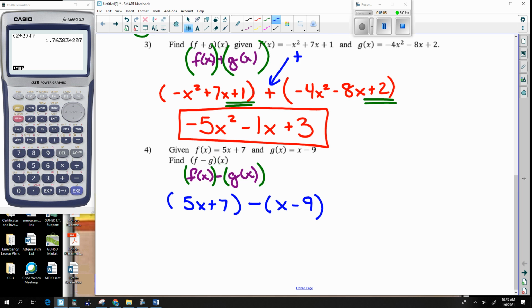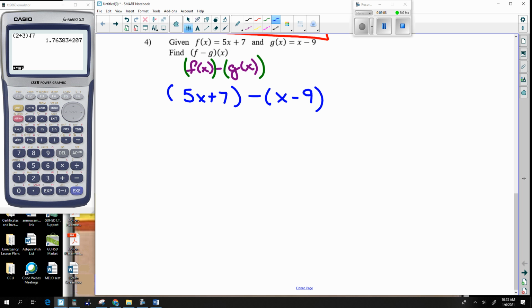Now, why the parentheses are crazy important here is because this middle symbol being a minus makes things a little bit more difficult. Yes, it's still an addition, subtraction kind of problem, but I have to take this minus and distribute it into that big parentheses. So this will be a plus, and it'll be a -x and a +9.